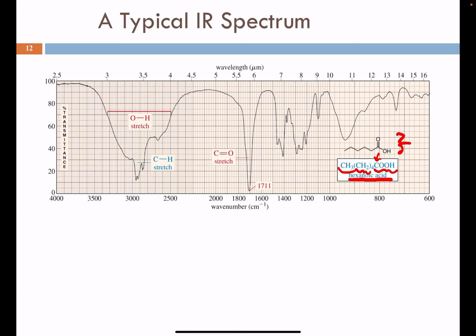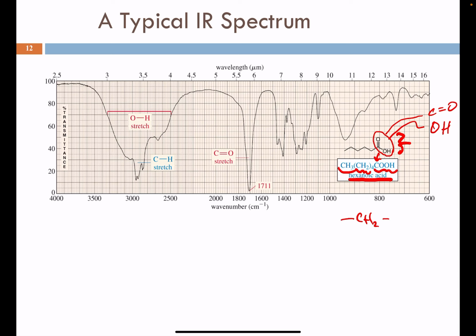And so the trained IR spectroscopist or material scientist knows to look for certain functional groups. And so we want to try to identify those in the carboxylic acid. So just by looking at that functional group, we're thinking OH bonds. We're also thinking carbonyl residues. And then as we turn to the rest of the molecule, we have CH2 groups.